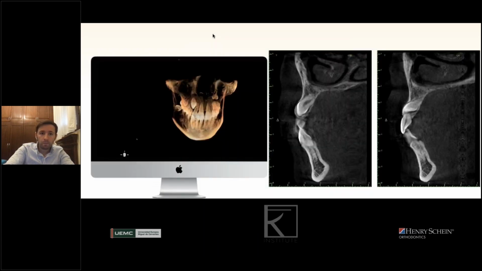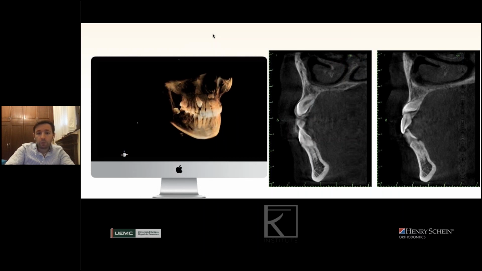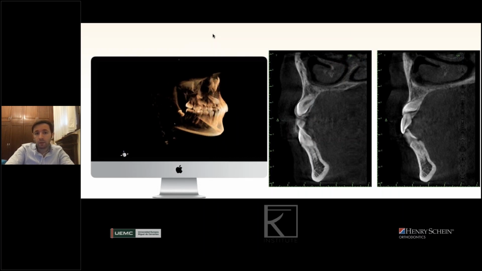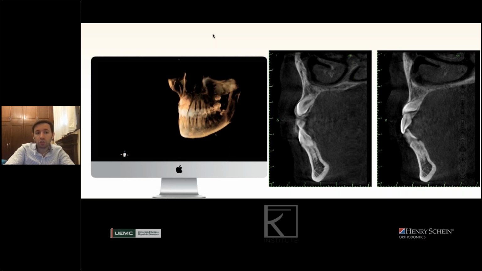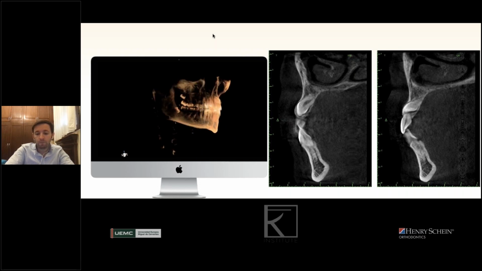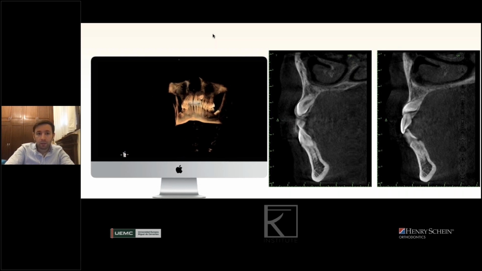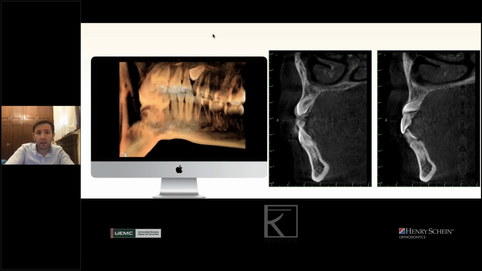So here I have the opportunity, as you can see, to know exactly the 3-dimensional position of this canine, in order to take the canine and put it in the right position. When I have all of this information, it's much easier for me to approach this case.